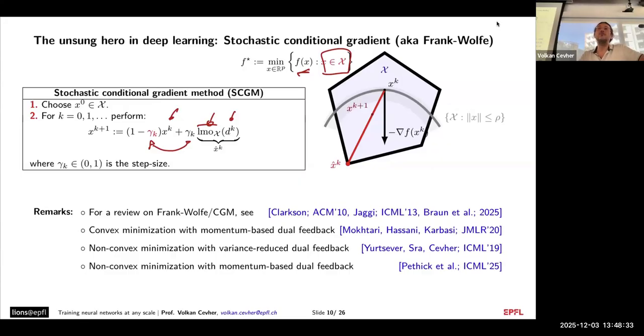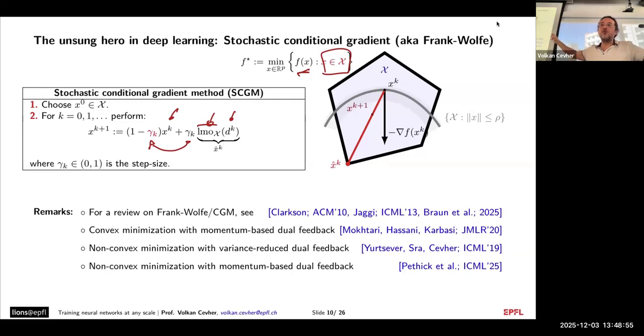And as opposed to performing projections onto the sets, you compute the LMOs. And there are many problems where computing the projection is much more expensive than computing the linear minimization oracle. If you worked on sparsity, you know, for example, whatever the group norms, LMOs are tractable, projection onto some of these group norms are intractable. All right? Good.